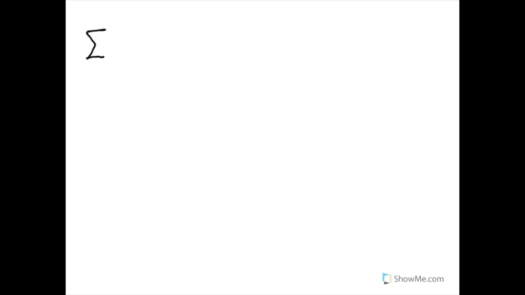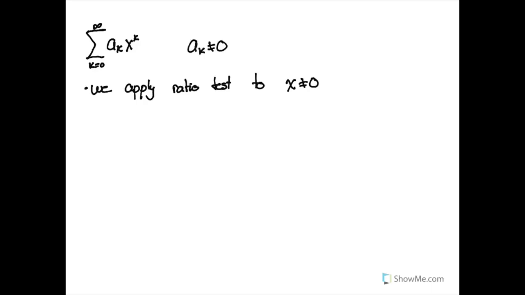So suppose we have a generic power series, a_k x^k, and we apply the ratio test to non-zero terms, so for x not equal to 0, and let's assume a_k is not equal to 0 because we want to apply the ratio test. This is just to motivate the next definition.